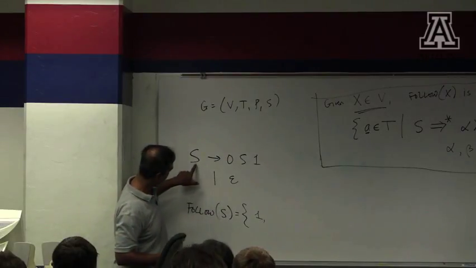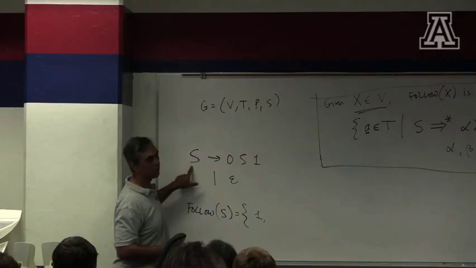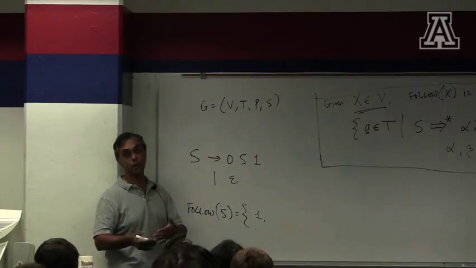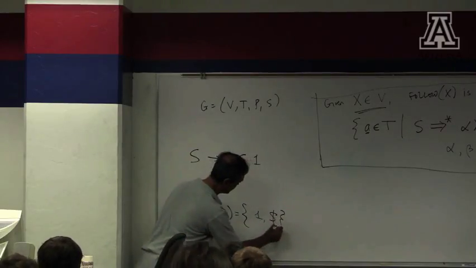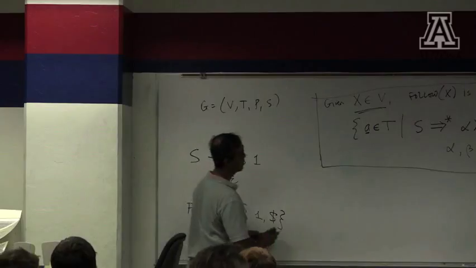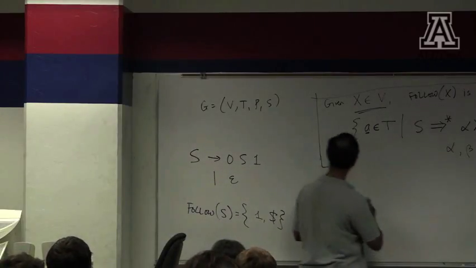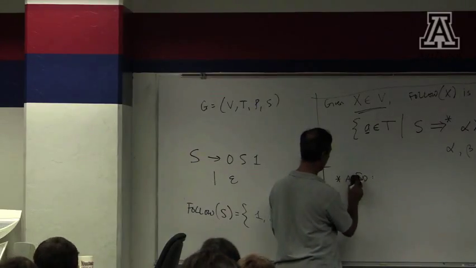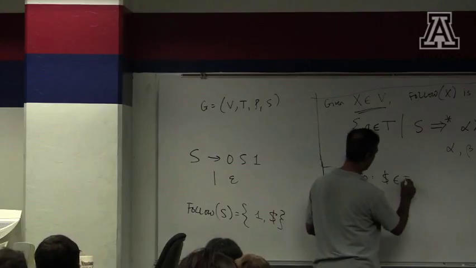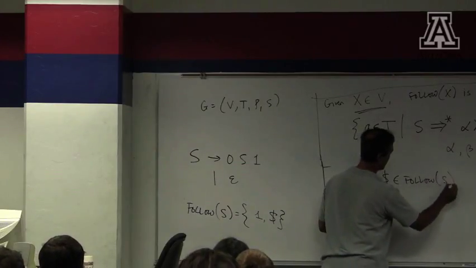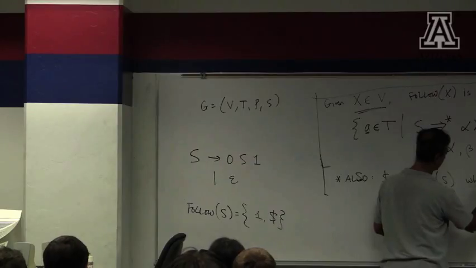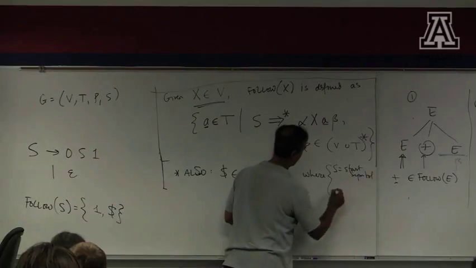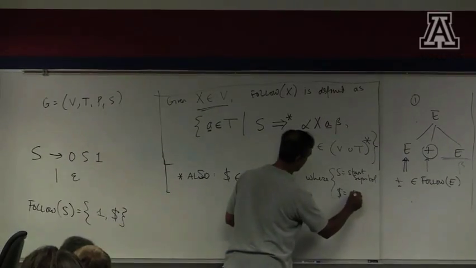So in this case, what could follow S? Well, S is the start symbol. So once we've read everything that S could give us, another possible thing that could follow S is a $. So the augmenting over here is that $ is also in follow of S, where S equals start symbol and $ equals EOF.